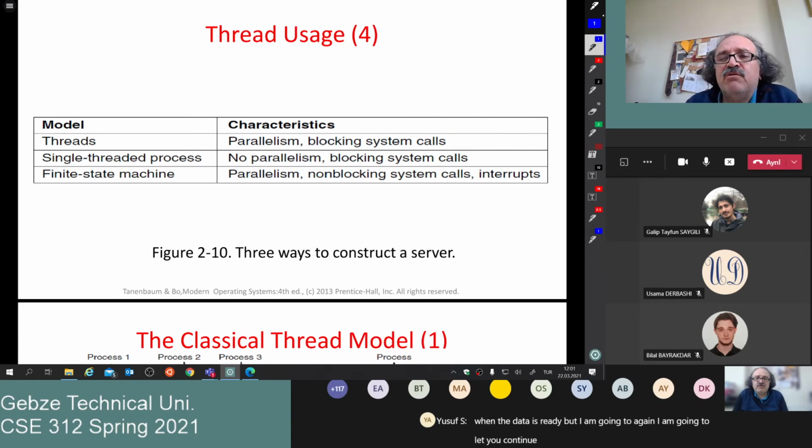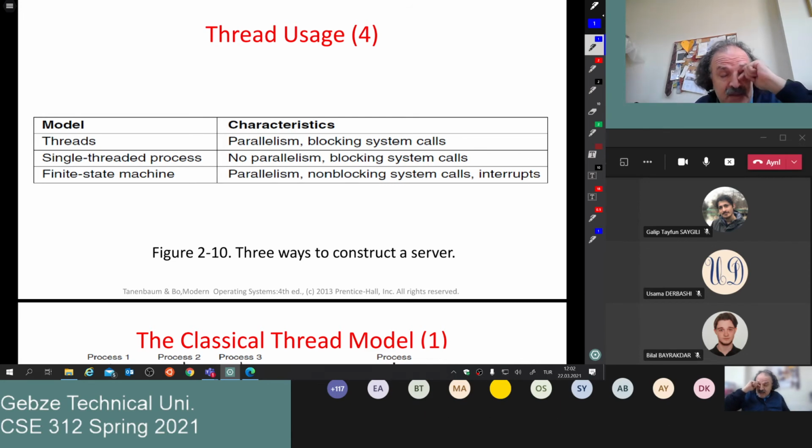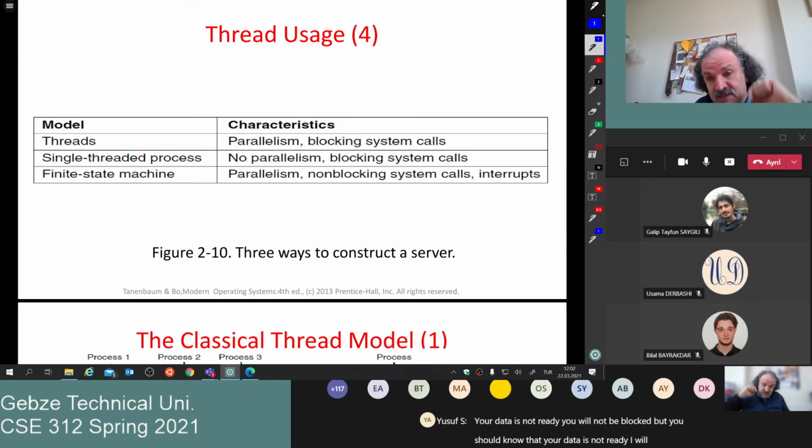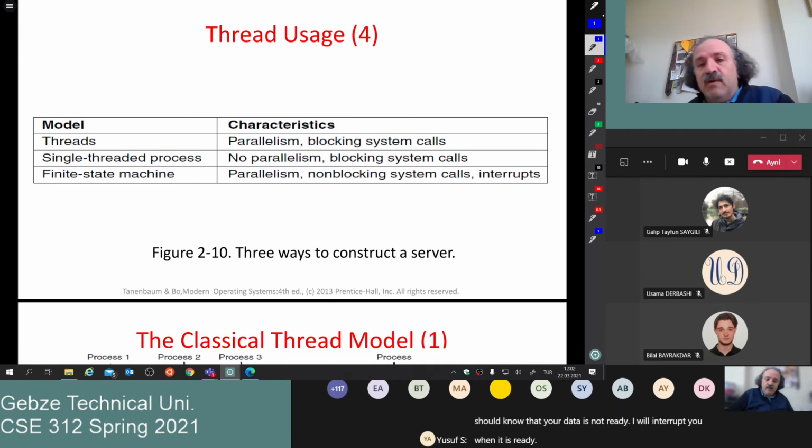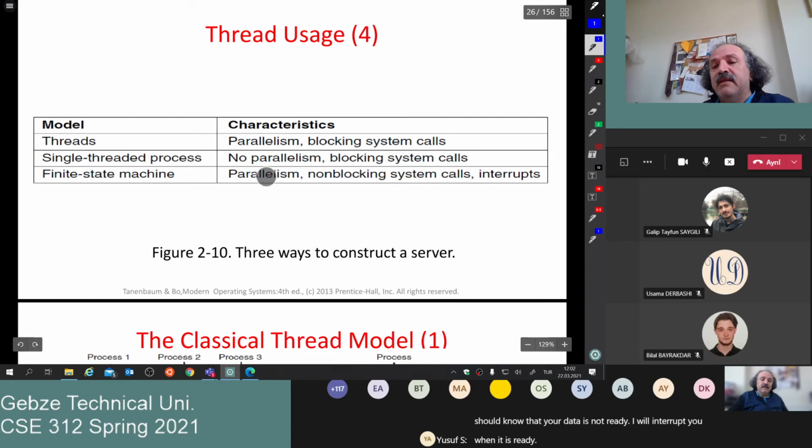So this is called a non-blocking system call. You make a system call, and the operating system either says, I am done, your data is ready, or it says your data is not ready, you will not be blocked, but you should know that your data is not ready. I will interrupt you when the data is ready. Again, no parallelism, but non-blocking system calls with interrupts.